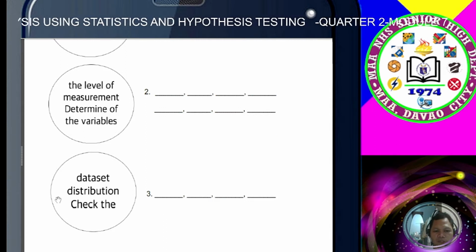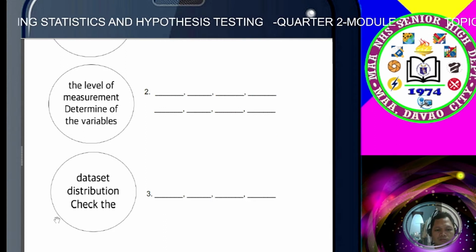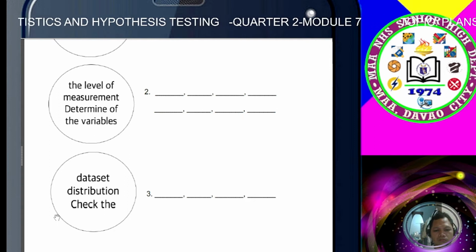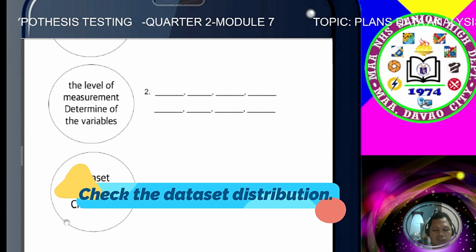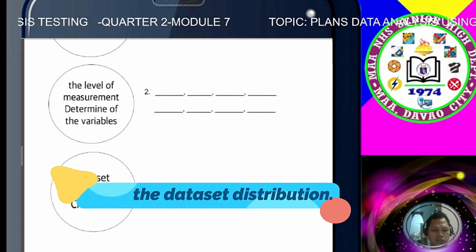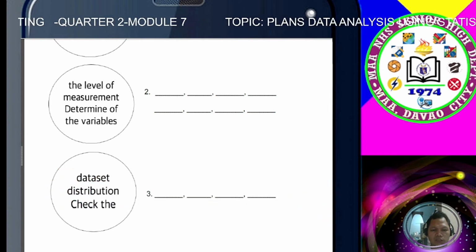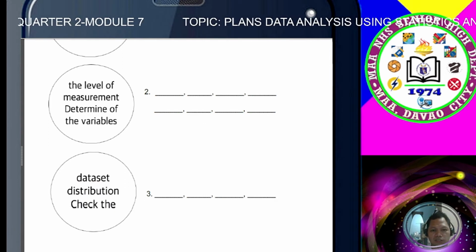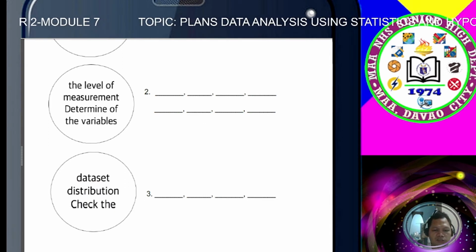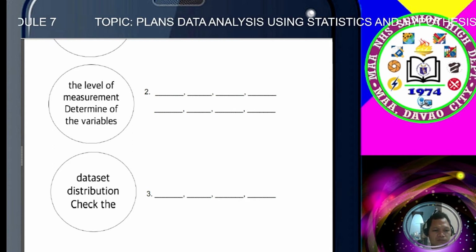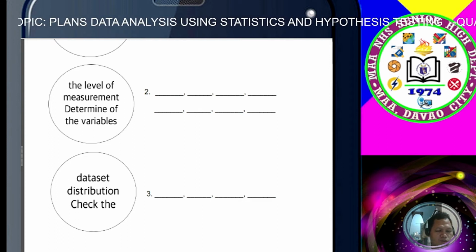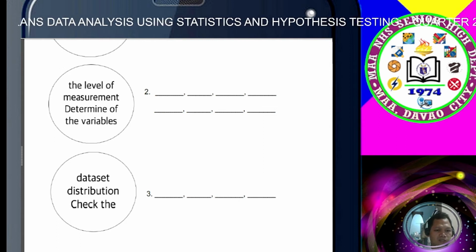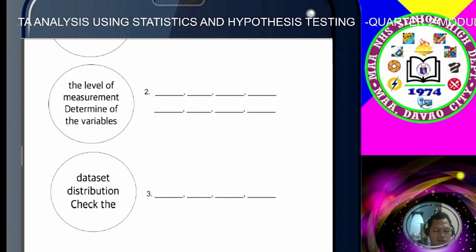Very simple. The correct answer is: check the dataset distributions. I hope you got all the correct arrangements of the sentences. These sentences are used in our topic in this module today. Let's proceed.